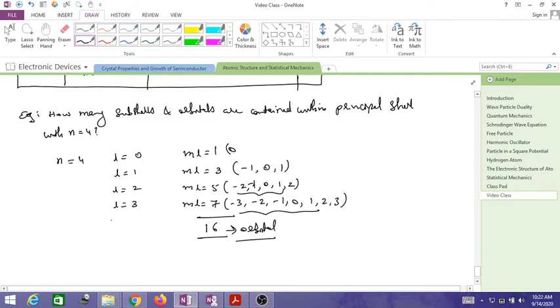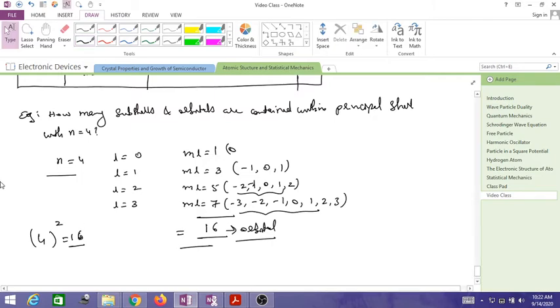The other way of writing this is, if you square the principal shell number, we also get 16. So if we square the principal shell number, we get the total number of orbitals. This is a very simple example, and this is about the 3 quantum numbers.